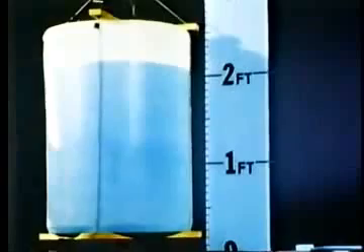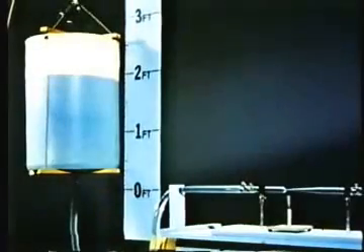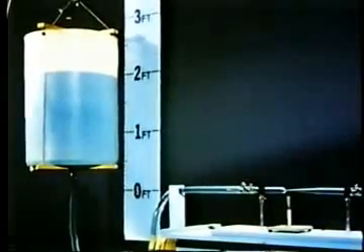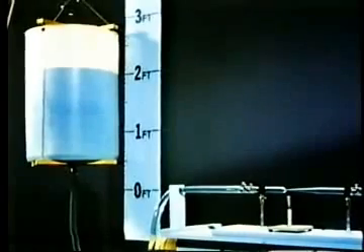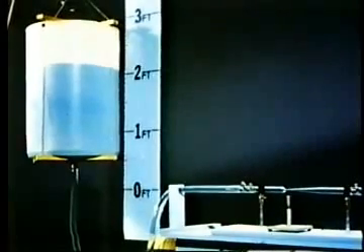We will now leave the water undisturbed for an hour, then repeat the experiment. As we start the flow again, there is no cavitation at the 2-foot head. With the settled water, a much higher head is needed for inception of cavitation, about 3 feet.